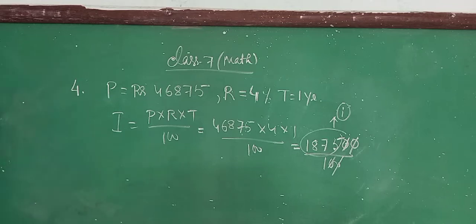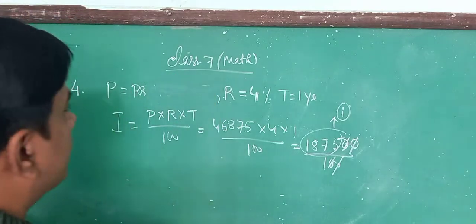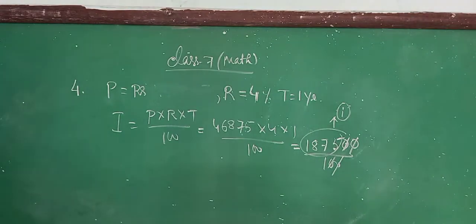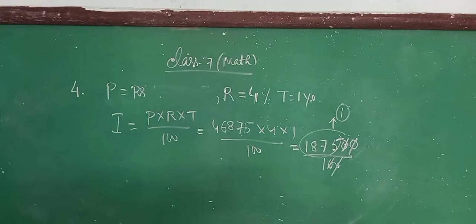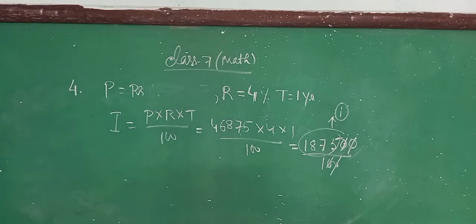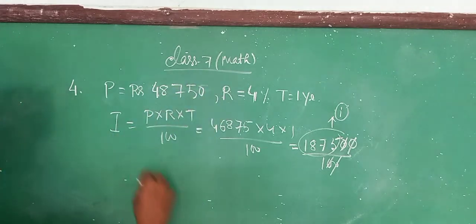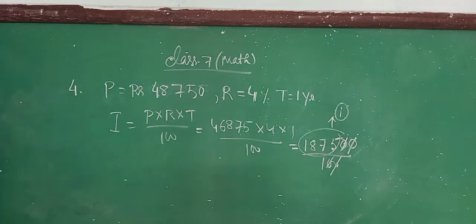So for the second part, the principal now becomes 48750. Rate of percent is 4. Time is another 1 year.